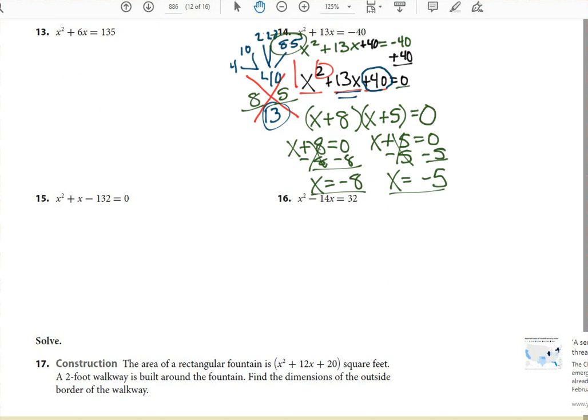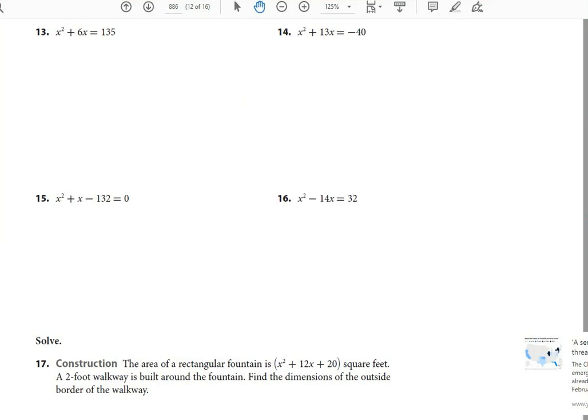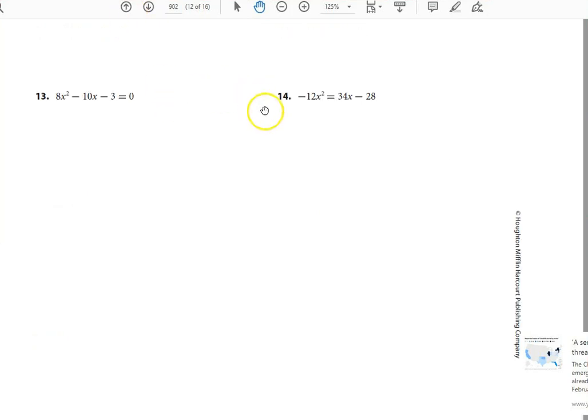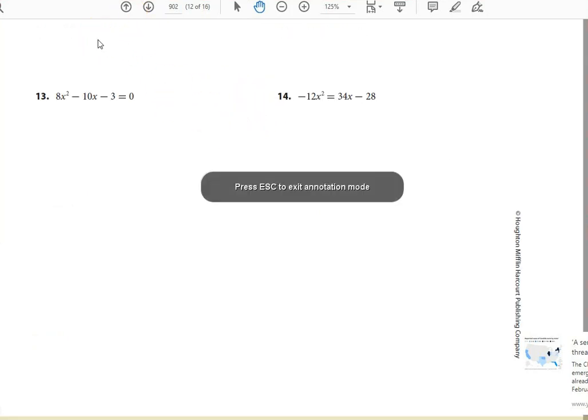Okay? Let's look at one from 18.2 as well. Okay, and so this is problem number 14, which is one of the assigned problems as well. So my first step is the same as it was for the previous problem, where I want to make one of the sides equal to 0.